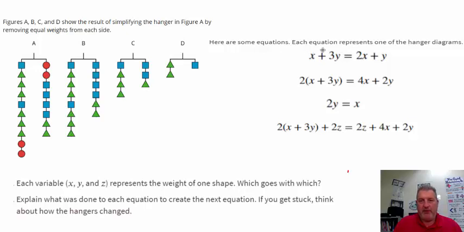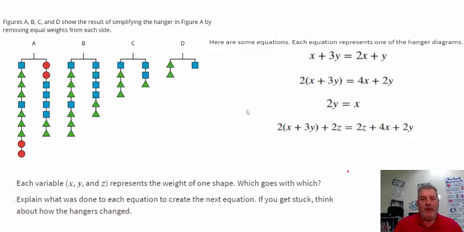Here are some equations, and each equation represents one of these hangers. So go ahead and see if you can match up the hanger to the equation. Okay, go ahead and take a minute to do that. Pause the video, take a minute to do that, and then we'll talk about why they match up.